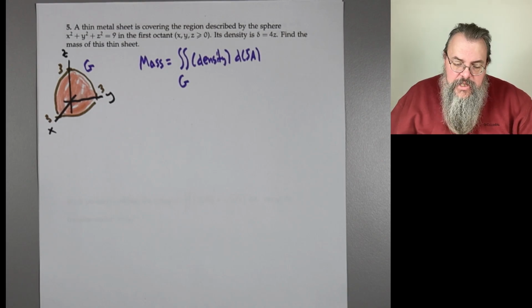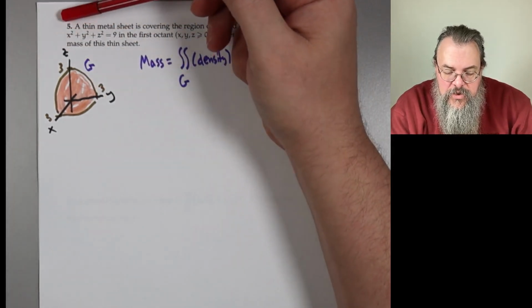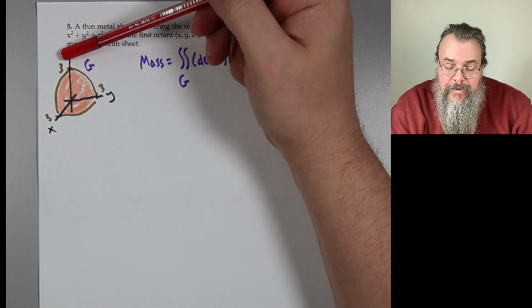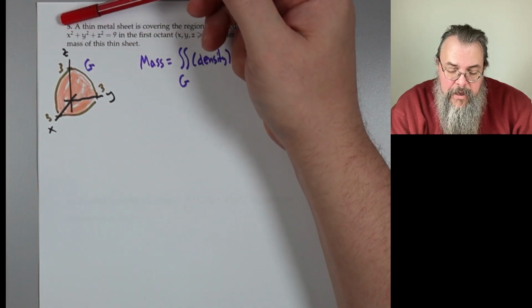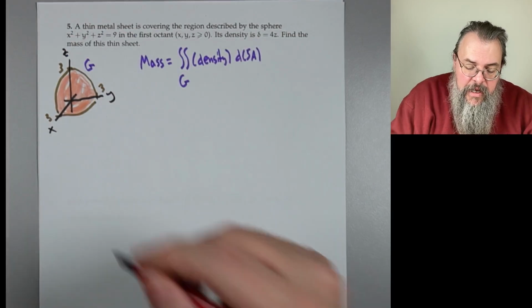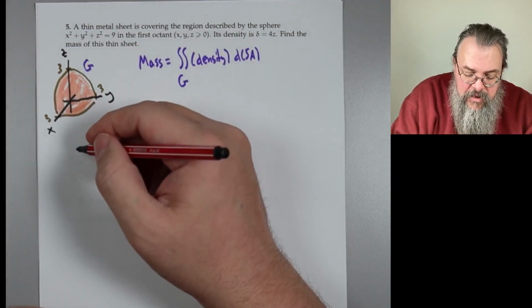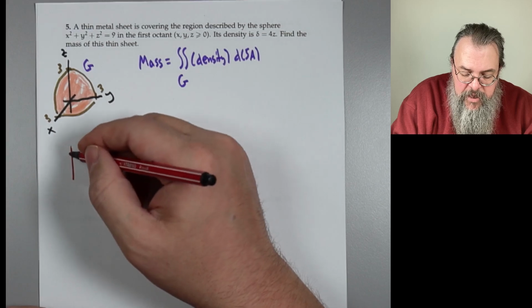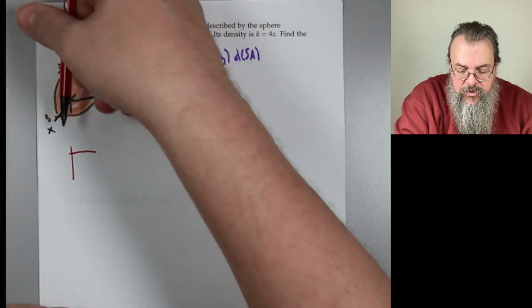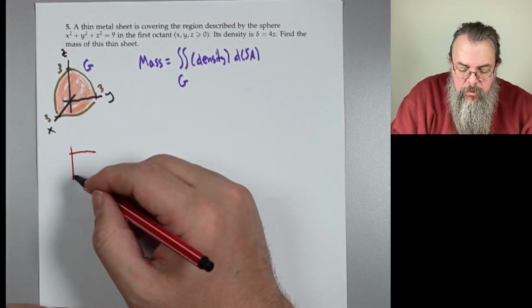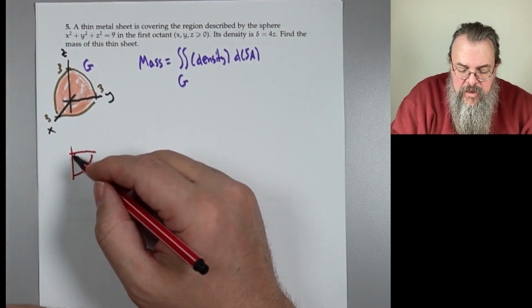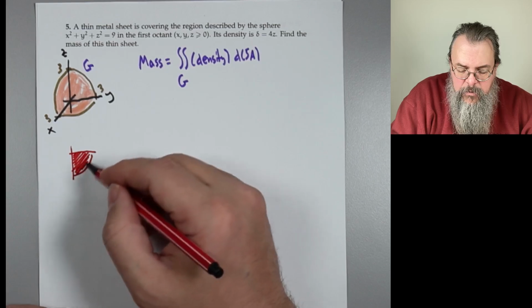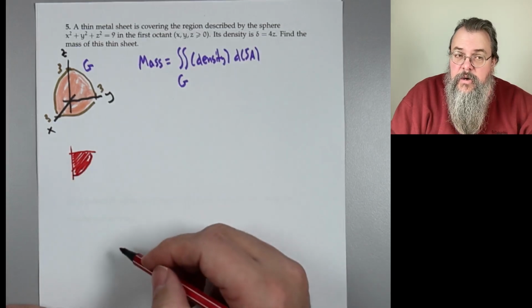Well, imagine, if you will, that we're looking straight down the z-axis. So we're way up high. We look down the z-axis, and if we look straight from above in this orientation, what would you see? Well, you see the sphere really turns into a quarter of a circle.